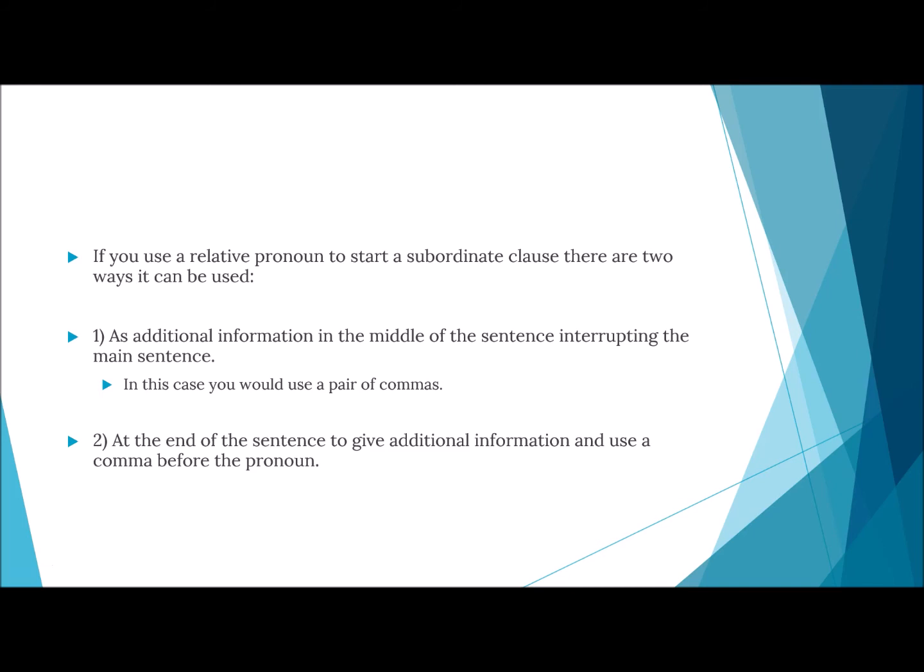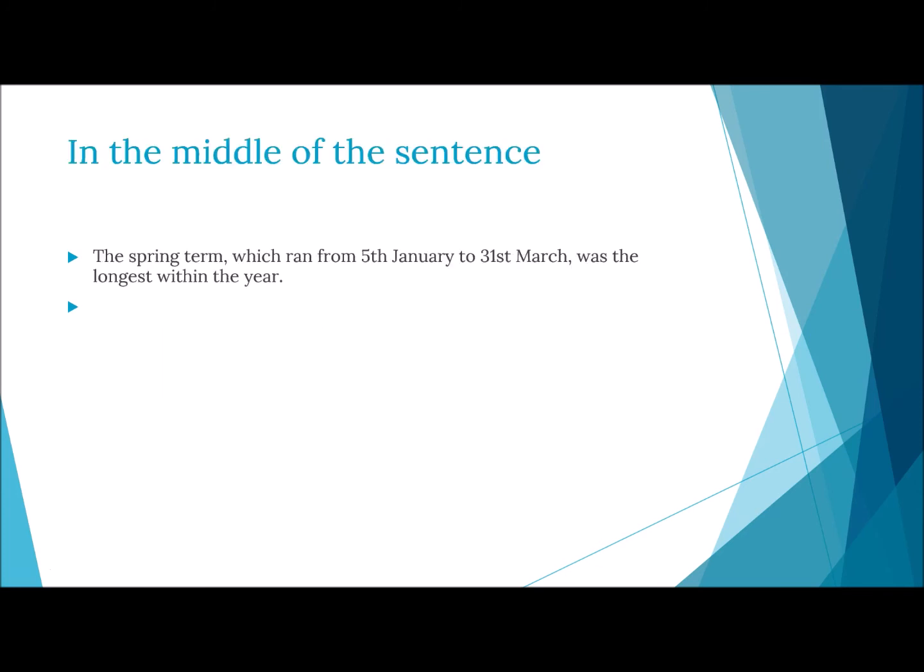And remember, that would use a pair of commas. We can also use it at the end of a sentence to give additional information, and this time we do use a comma. So when we were doing our words before, words like until, if, as, we don't use a comma with those words. But with relative pronouns like whichever and who or that, then we do use a comma. We'll see an exception in a moment.